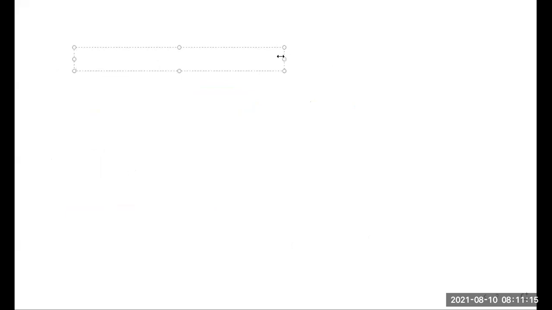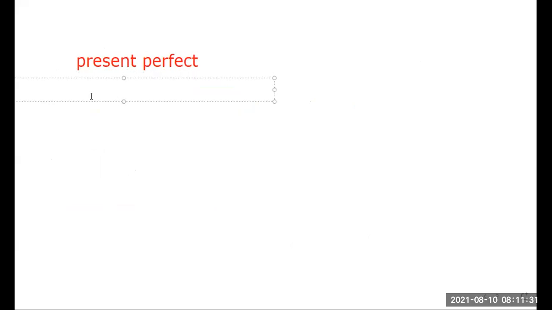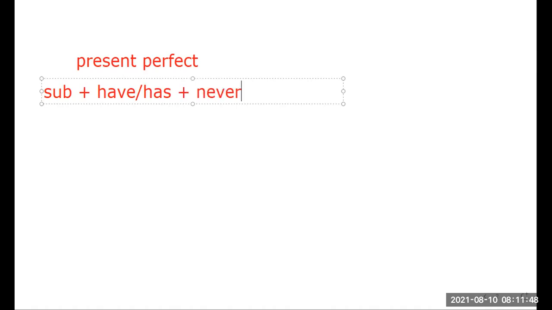So let's show here how to use it, okay? Present perfect, okay? How do we use never? So we use subject pronouns plus have or has, depending on the subject pronouns, plus never, plus verb in past participle, not in simple past, not in simple present, plus complement, okay?